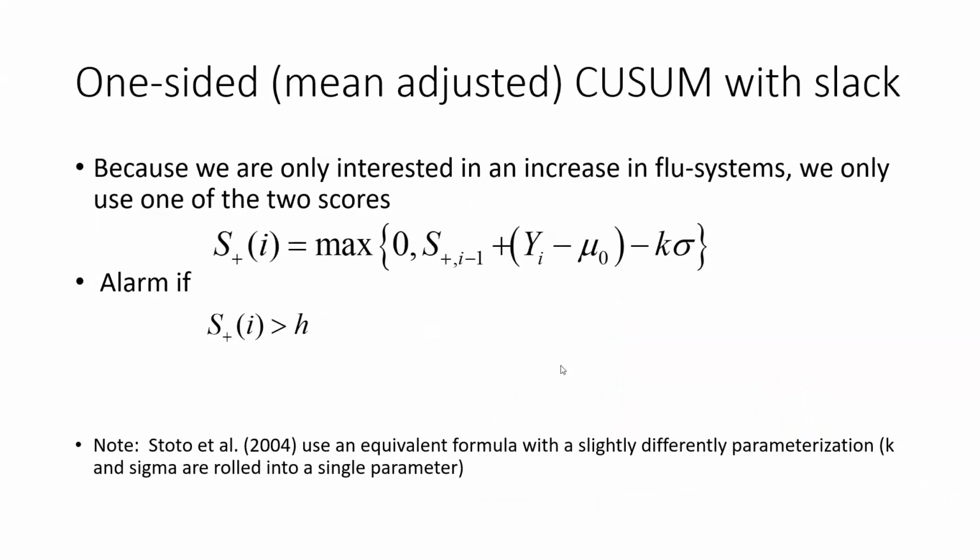Now for the one-sided mean-adjusted CUSUM, we used the same formula that we have introduced in this course. Well, it's an equivalent formula. There's a slightly different parameterization of the K sigma in the paper, but it's the equivalent formula.